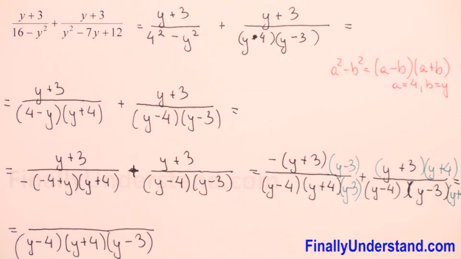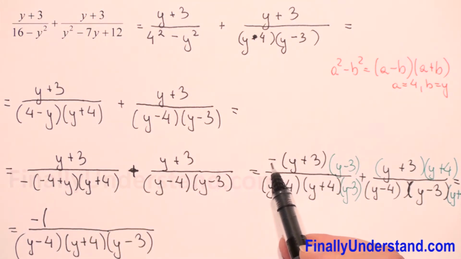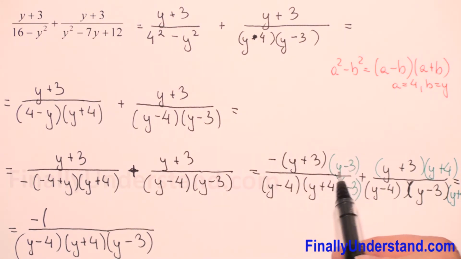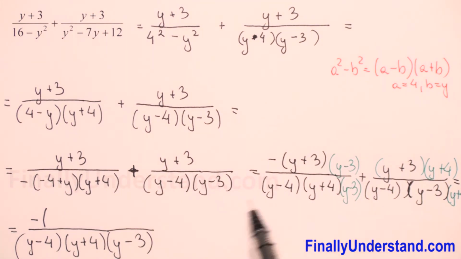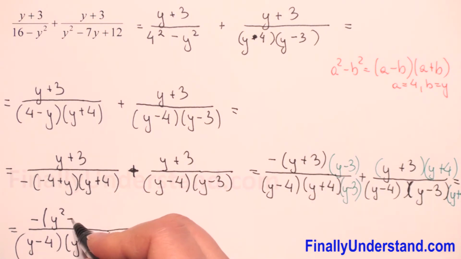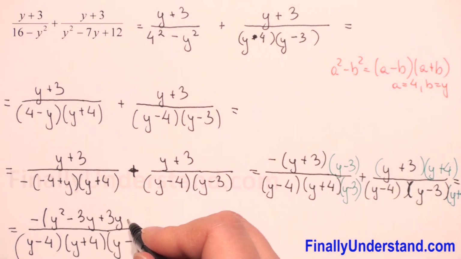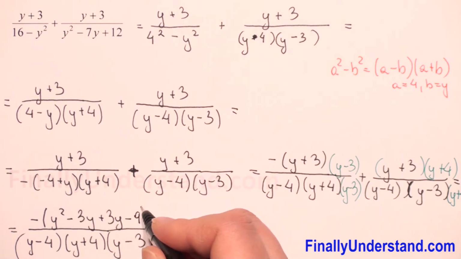The numerator is the same, so now we have to do multiplication in the numerator. So negative sign I will put first, and I will put the result of multiplication in parentheses, because I have to change the sign, because before this whole expression we have a negative sign. So now y times y is y squared, y times negative 3 is negative 3y, 3 times y is 3y, and 3 times negative 3 is negative 9.